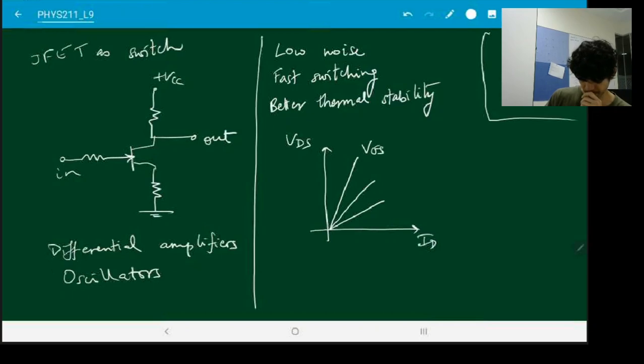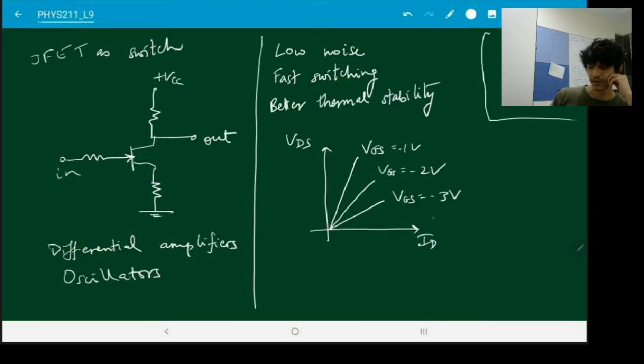So for one value of VGS, for some other value of VGS. Of course, these are all negative. So let's say minus 1 volt, minus 2 volts, minus 3 volts, and so on.